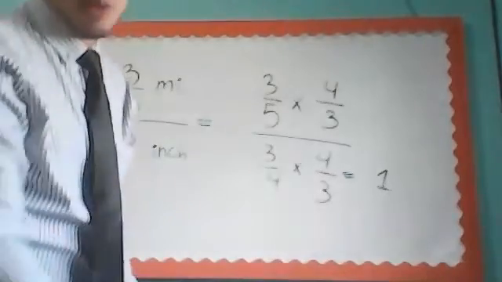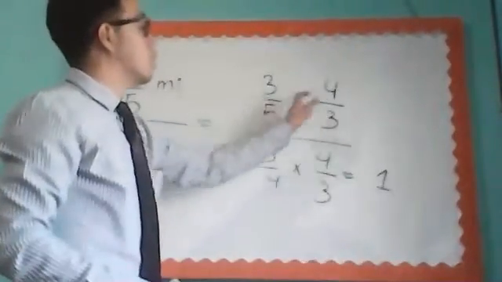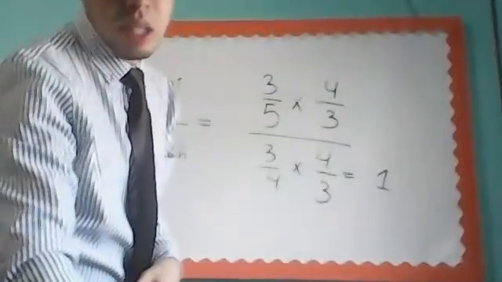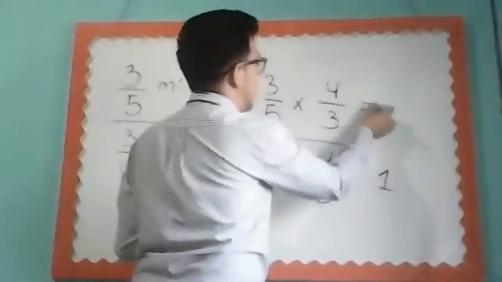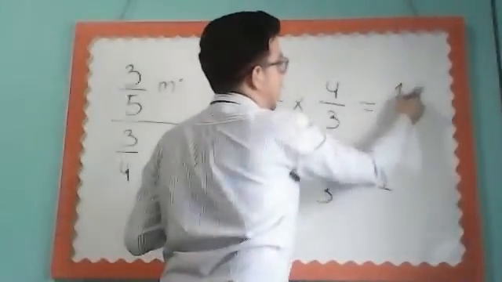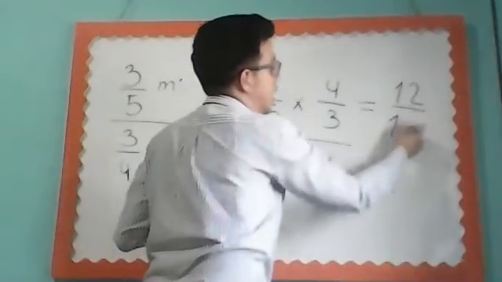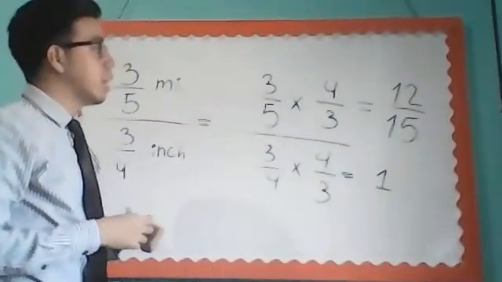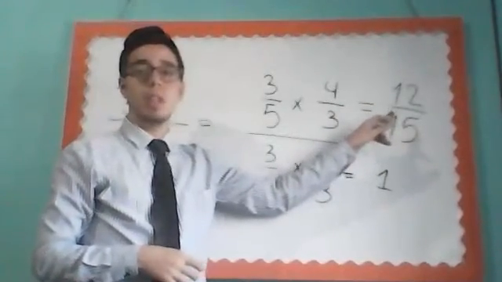And on the top of the fraction, you have to solve the multiplication, 3 times 4 and 5 times 3. And at the end, they simplify. Okay, 3 times 4 is 12, and 5 times 3 is 15. You have 12/15. But I don't want to have this in this form because I know that I can simplify.